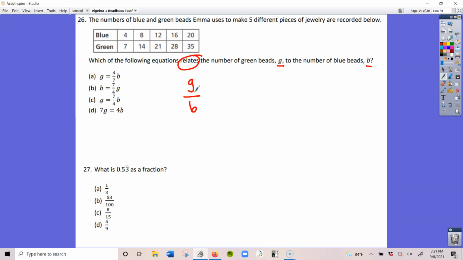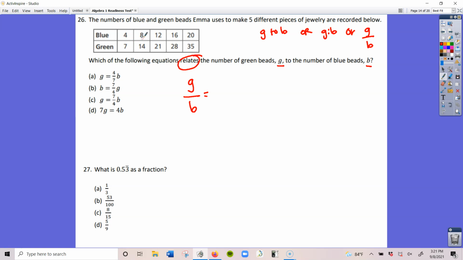This is a ratio. So ratios can be written this way. In this case, G to B, or G colon B, that means the same thing, or as a fraction, G over B. So ratios are written like that. Now, if I look at my table, for every 4 blue beads, we use 7 green beads.